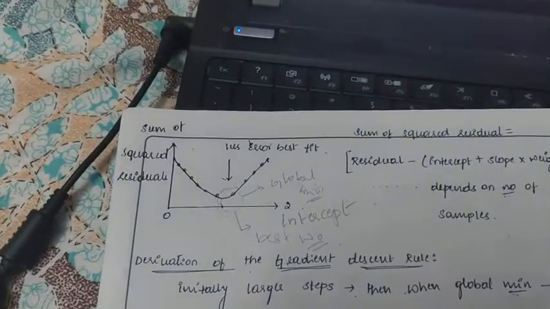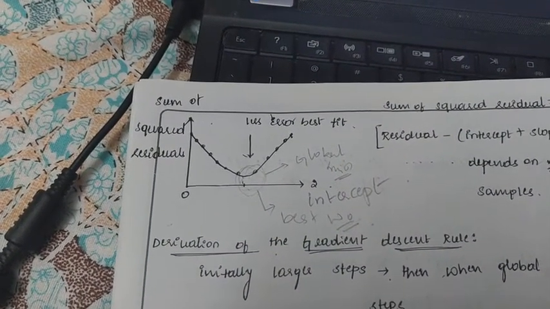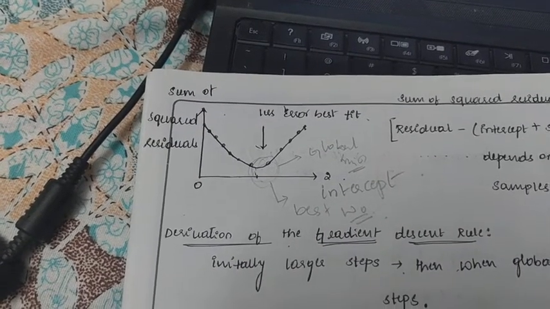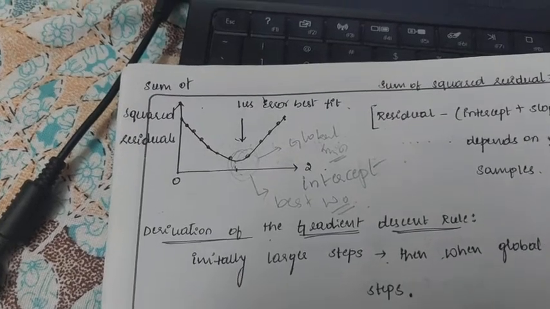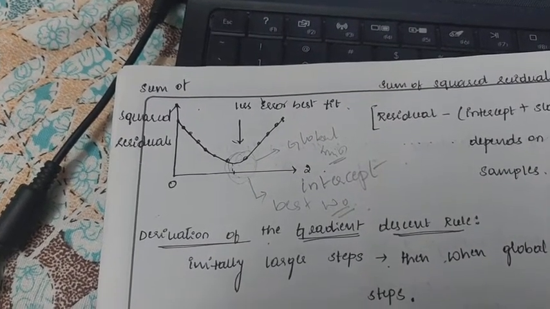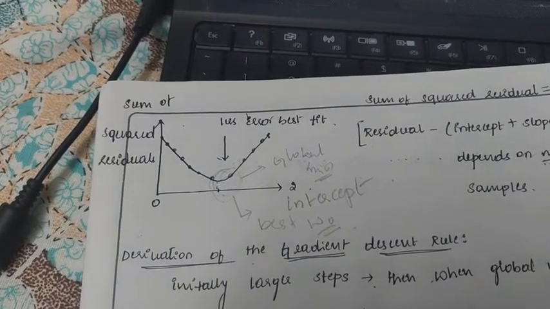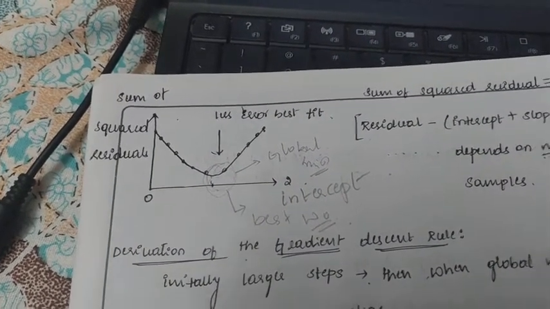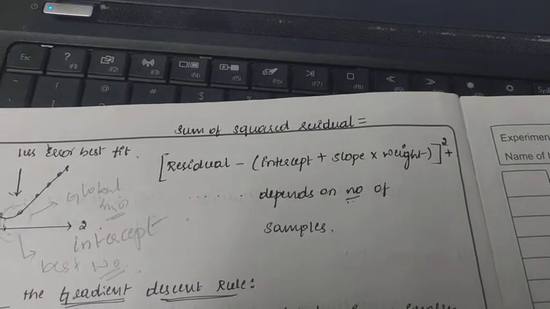This is a parabolic graph where we have the intercept on the x-axis and the sum of squared residuals on the y-axis. When we get a global minimum, we get the best weight. When we get the best weight, we get the best output, that is, the predicted value is equal to the actual value. If we want to do the calculation directly, that is the sum of squared residuals, this is the formula.